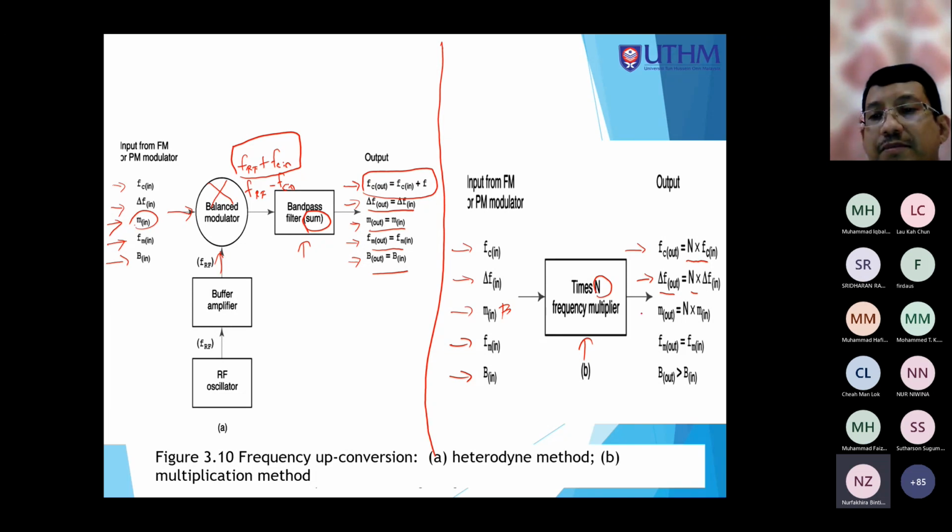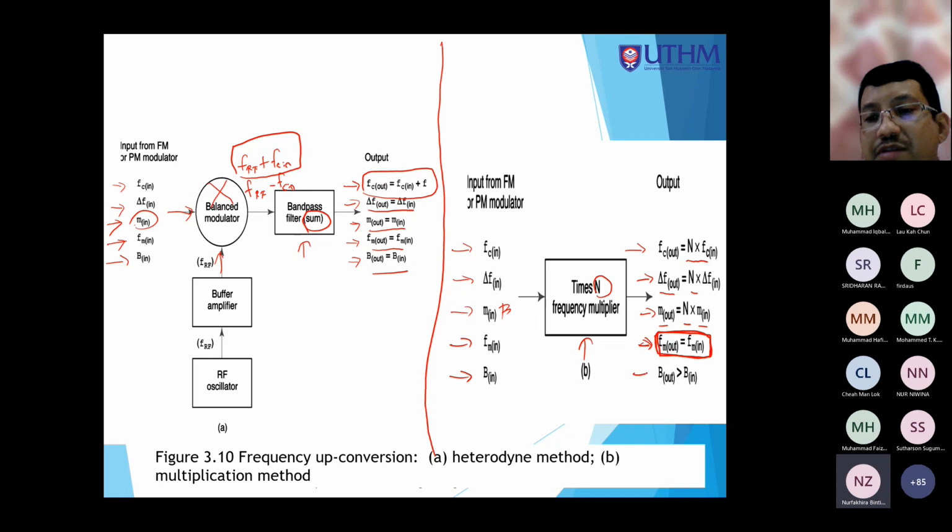The modulation index at the output will be n times the modulation index at the input. The modulating signal at the output would be the same as the modulating signal at the input. Only this parameter remains the same, so the modulating signal frequency does not change during this process. Only the carrier component will change.